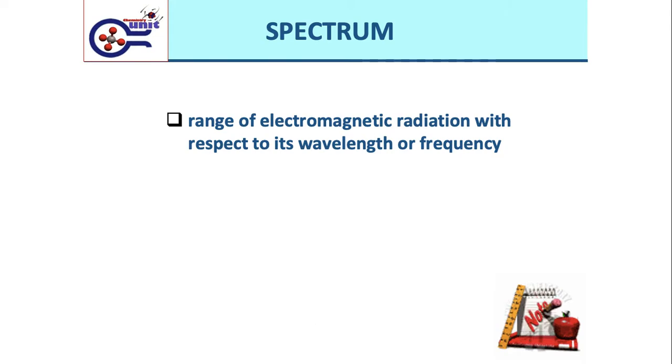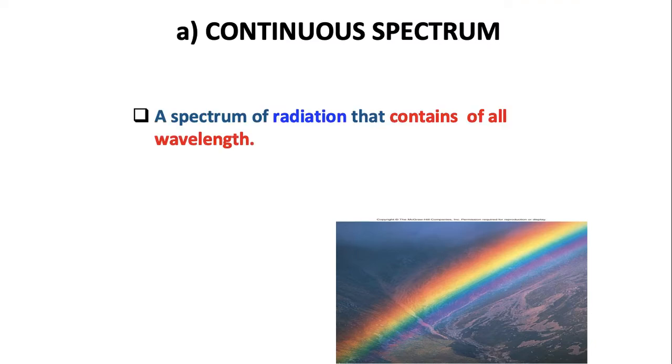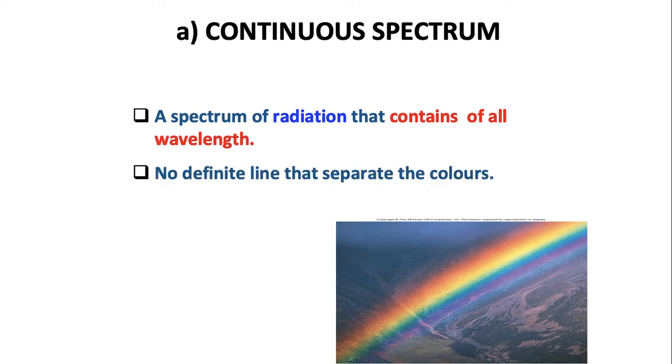Spectrum is a range of electromagnetic radiation with respect to its wavelength or frequency. There are two types of spectrum: continuous spectrum and line spectrum. A continuous spectrum is a spectrum of radiation that contains all wavelengths.